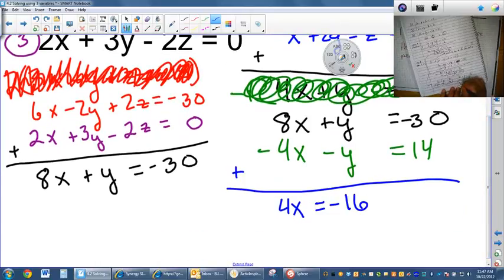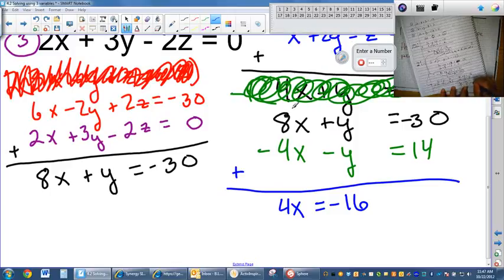Go ahead and tell me in the clicker. 4x equals negative 16. What does x equal? Just get that copied down. This is meticulous, it's difficult, it takes time to get through. Let's say about 10 more seconds.